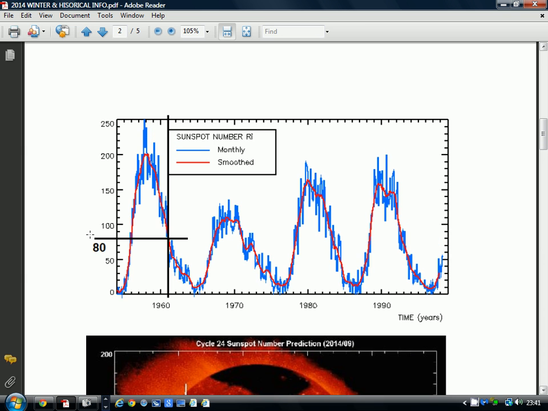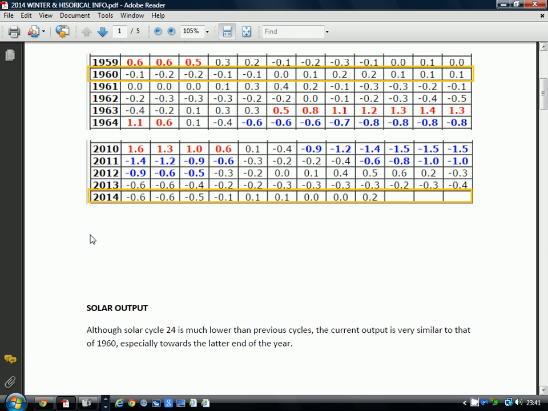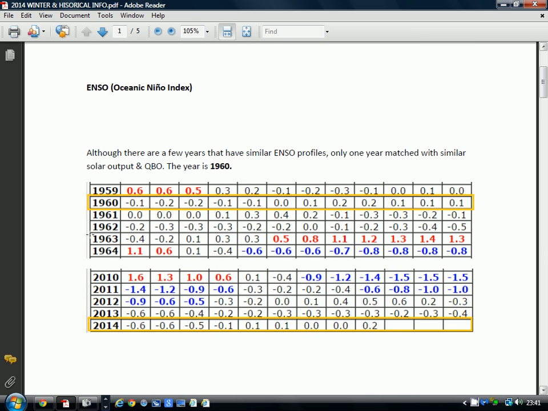1960-1961. And then going forward again to ENSO, El Niño activity. Again, very interestingly, Stuart's been looking at the current ENSO cycle, comparing it to 1960, and it does appear to be quite a close match. There's 1960 just there with those monthly ENSO numbers.